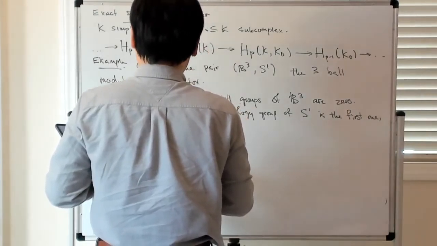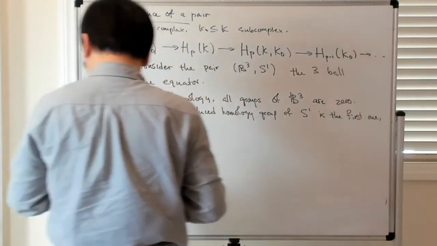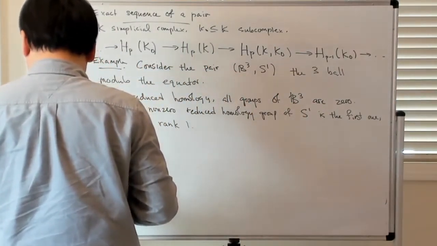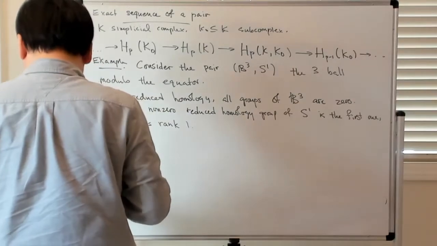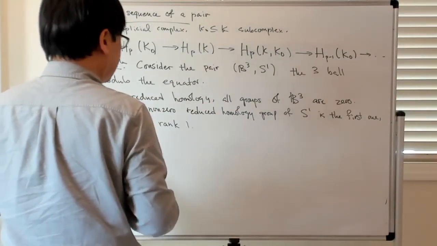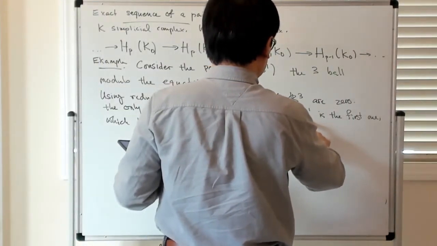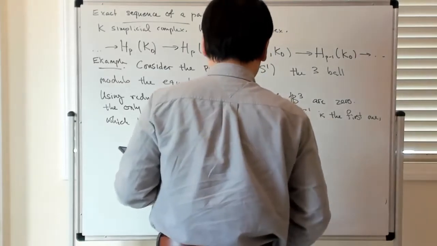So the point is that most of these things are going to be 0, except for basically the dimension p equals 2, right? Because this is saying that H1 of S1 is non-trivial.